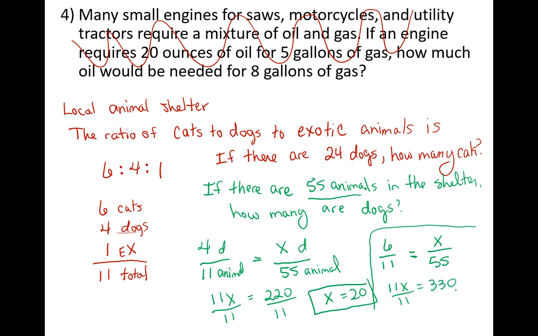So when I divide, I see that I would expect there to be 30 cats. The rest is easy. If there's 20 dogs and 30 cats, there must be a total of 5 exotic animals for a total of 55.